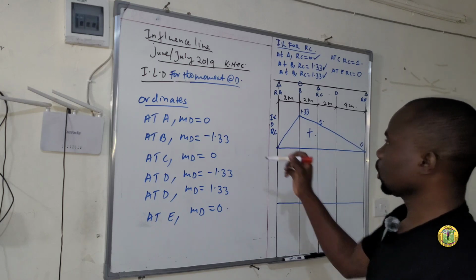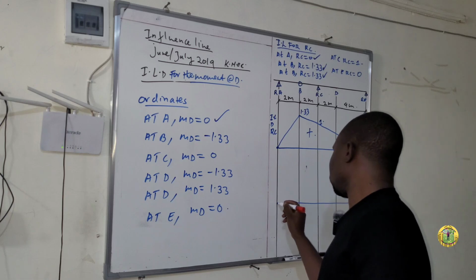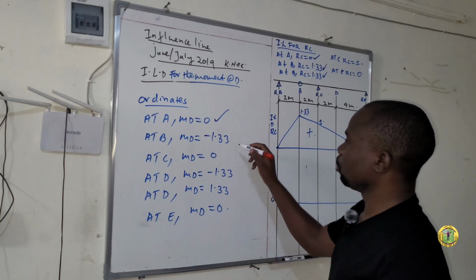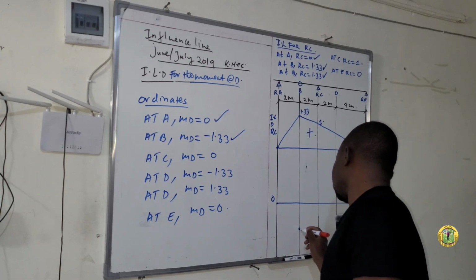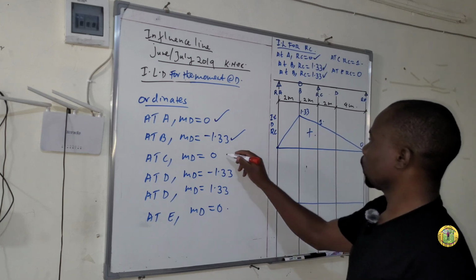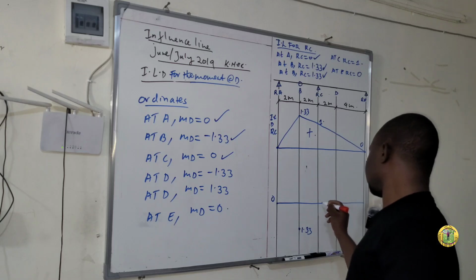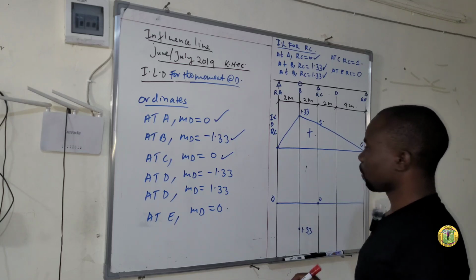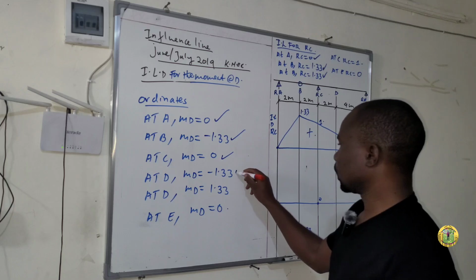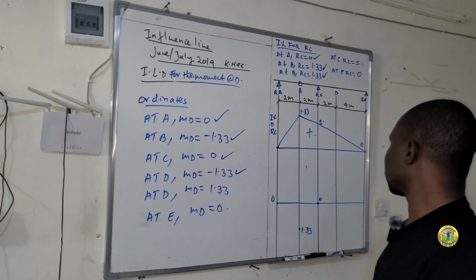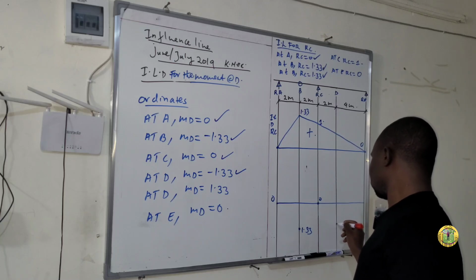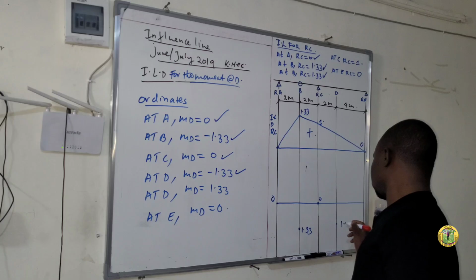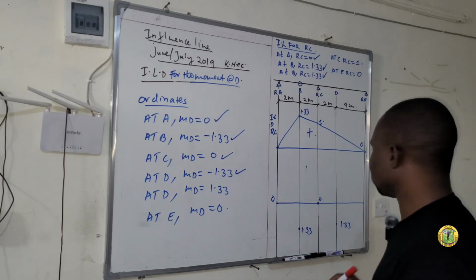So we will begin by A. A is 0. So here is 0. And then at B, negative 1.33, around there. This is negative. And then at C is 0. And then at D, negative 1.33. Again at D, positive 1.33.